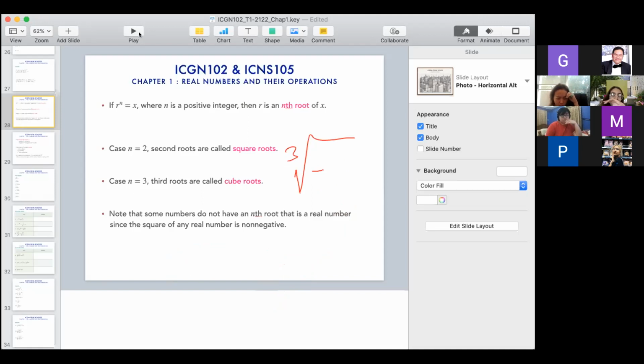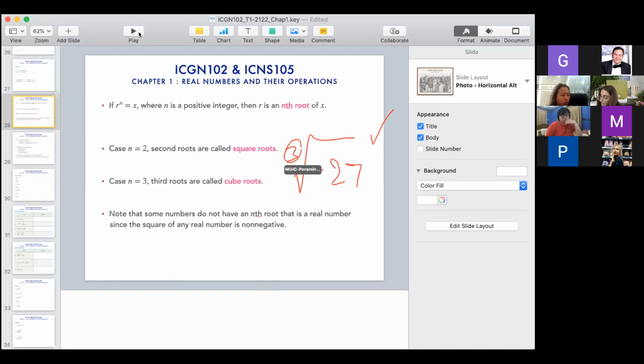This is okay because when you have the cube root and want to find its value, you have to find a number that multiplies by itself 3 times.